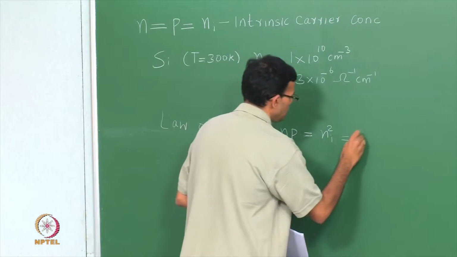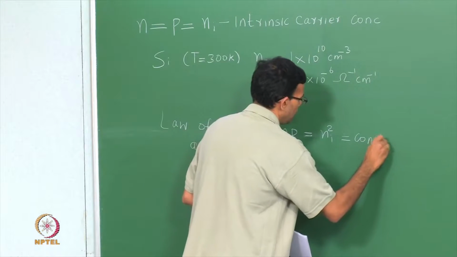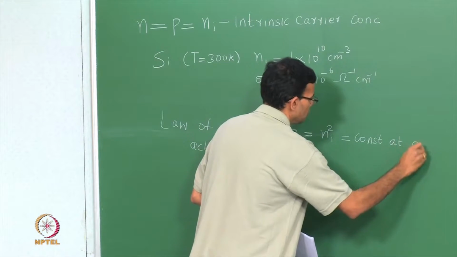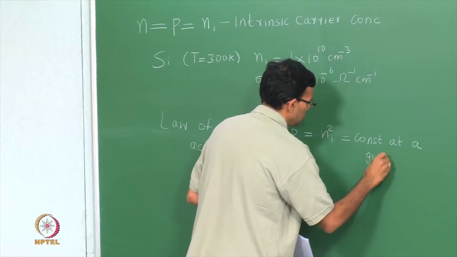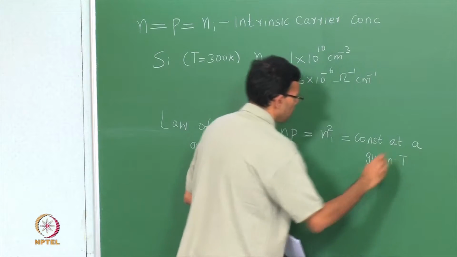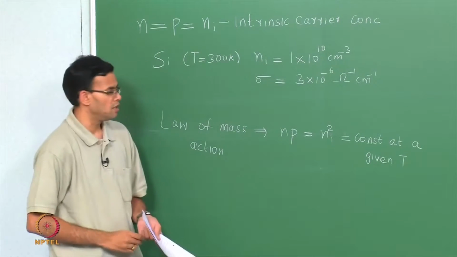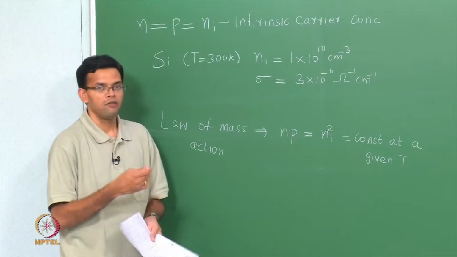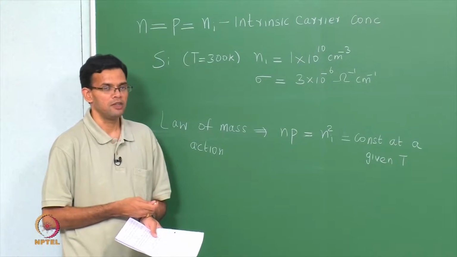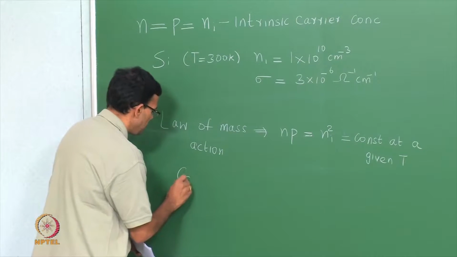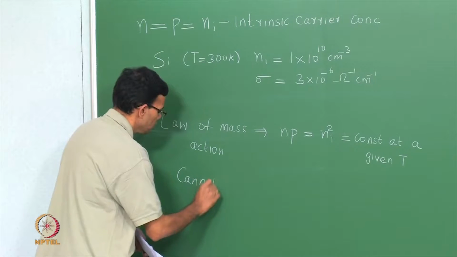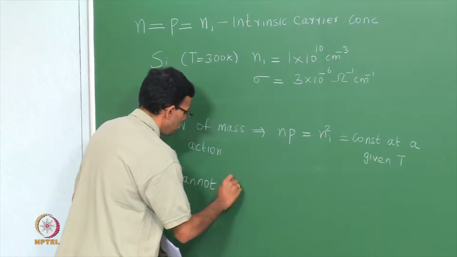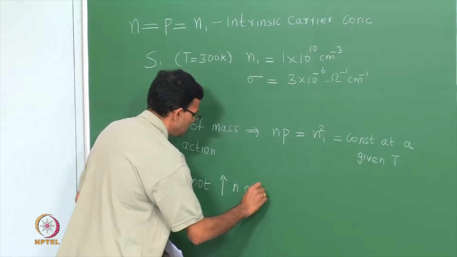So, this is constant at a given temperature. What this means is we can either increase electron n or we can increase hole p. We cannot increase n and p together.